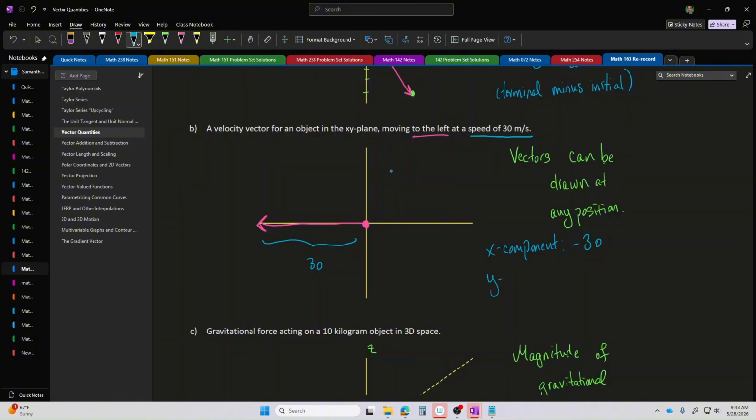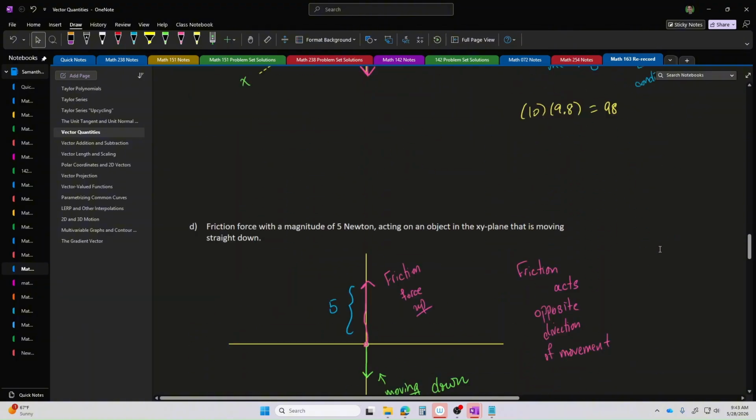The y component of this two-dimensional vector is just 0 because there's no difference in the y values between the initial position and the final position. I did not move any units either up or down as I traveled along this vector. So the y component here is 0.